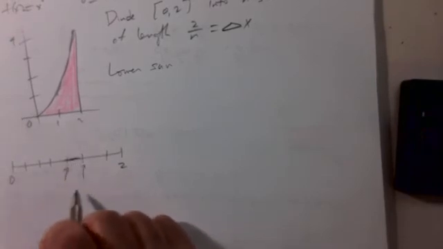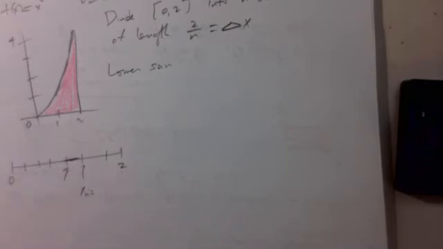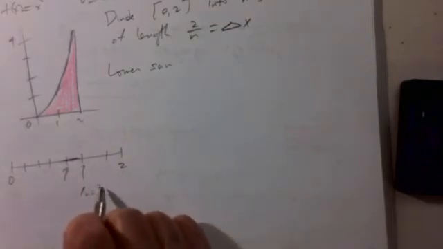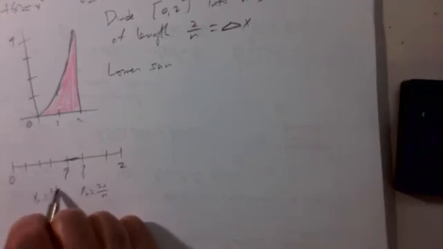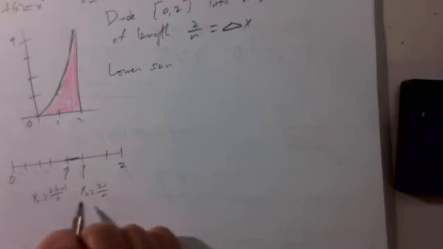In this interval, let's say x_i is 2i over n, and x_{i-1} is 2(i minus 1) over n. And in this interval, the function's increasing.